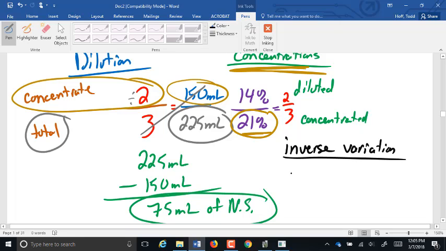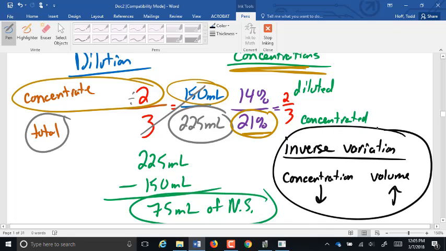In an inverse variation, when the concentration gets smaller, the volume has to get larger, as long as we're not changing the amount of that active substance. So because it's an inverse relationship, the amounts are not proportional.